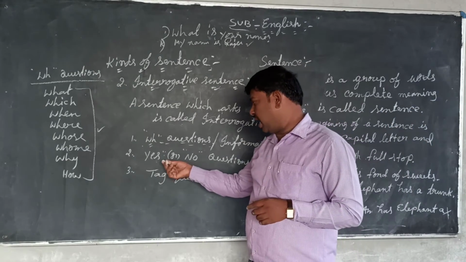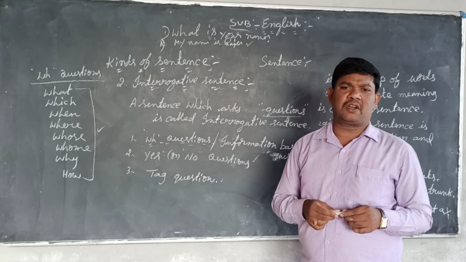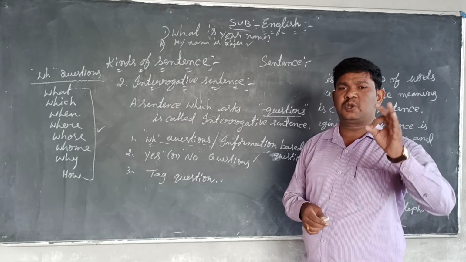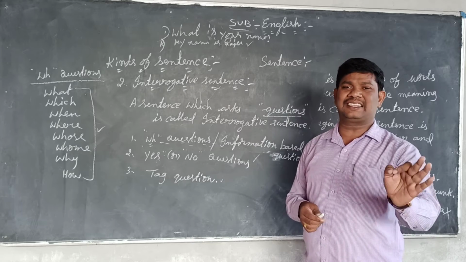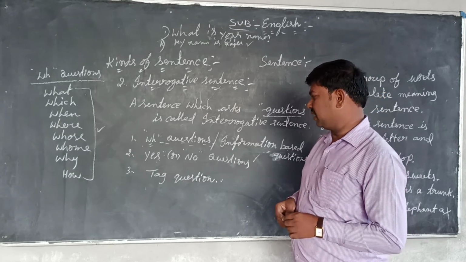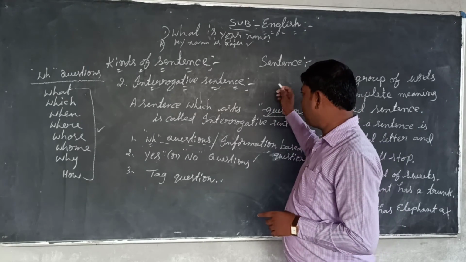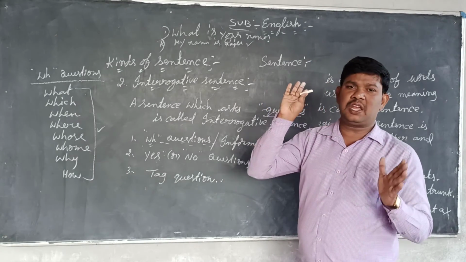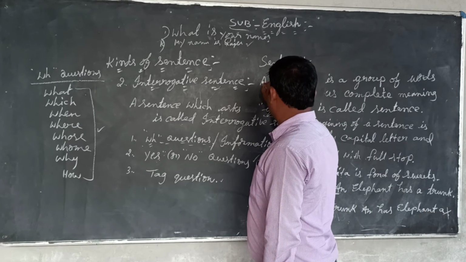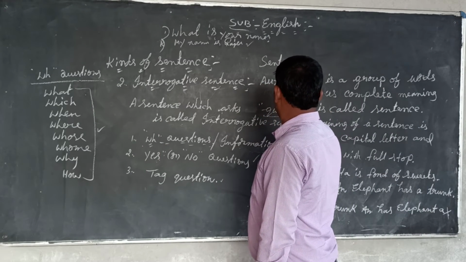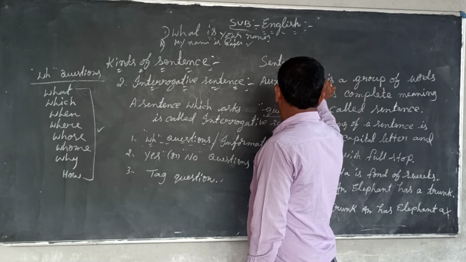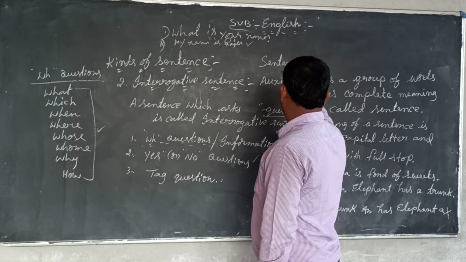And next comes the yes or no questions. Why do we call those questions yes or no questions? Because the answer to those questions is definitely yes or no. When you ask yes or no questions, they always begin with auxiliary verbs, so they are auxiliary verb questions.